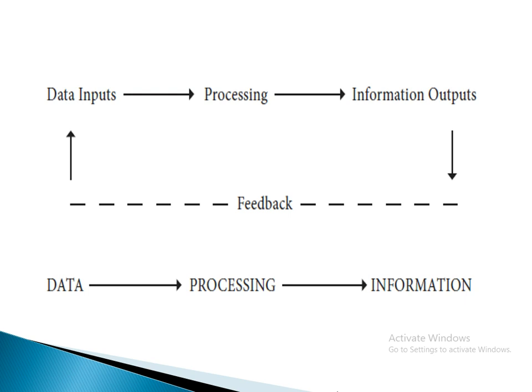IT is the framework for day-to-day management activities and structuring of information gathered regularly from sources outside and inside the organization. So data is the input, then data is processed, and there are some information outputs. Then feedback is given, and this process is a loop that keeps continuing.